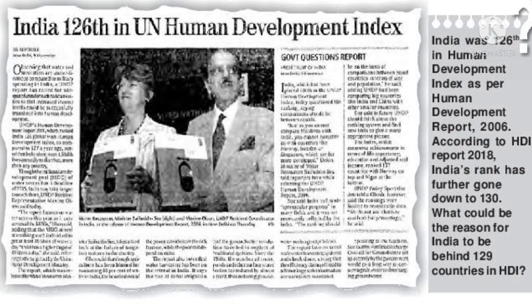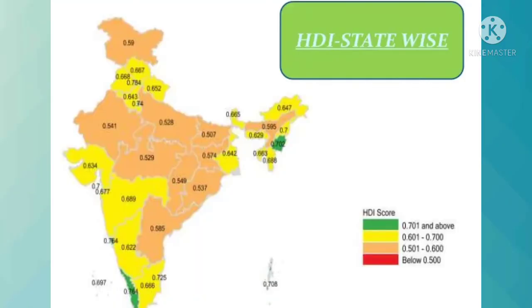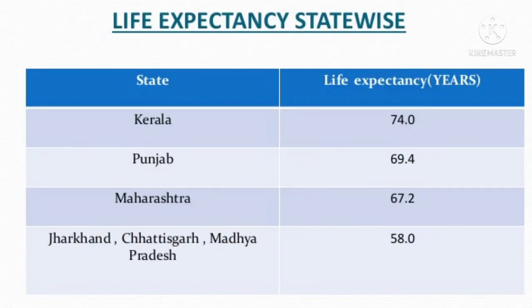It is somewhere in the medium human development. India was 126th in the human development index as per the HDI report of 2006. According to the HDI report 2018, India's rank has further gone down to 130.